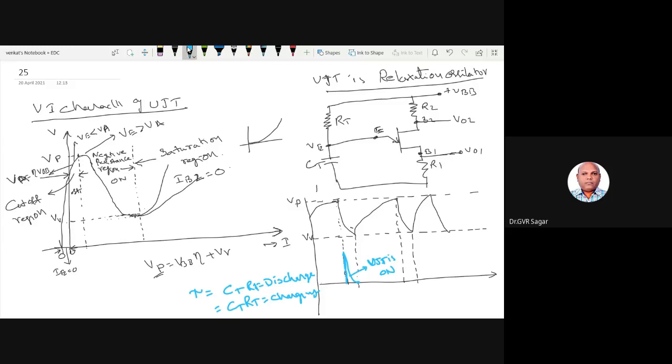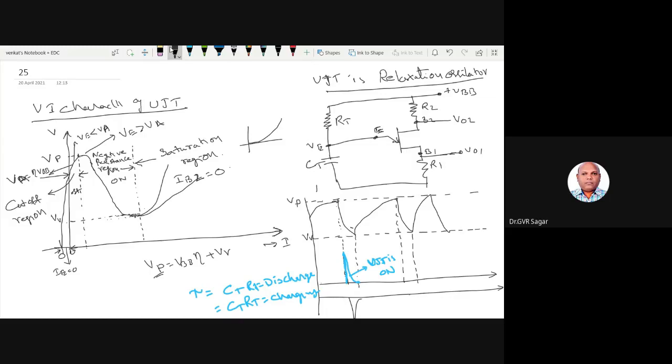And similarly, if we measure the V02 voltage, you can measure the V02 voltage also. The same potential is generated here with the same time duration.